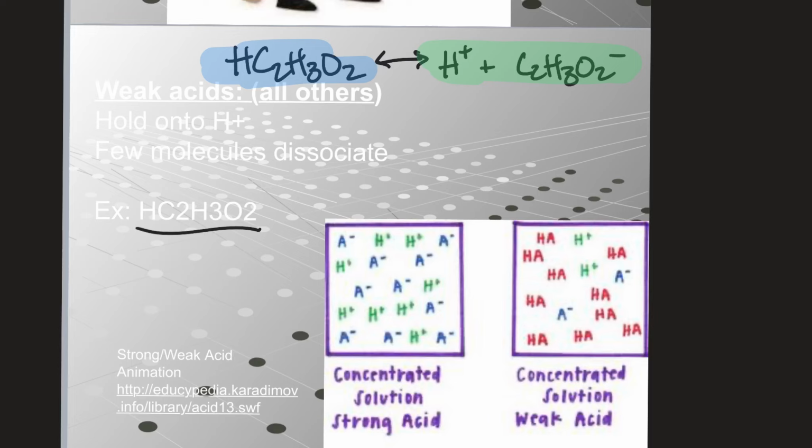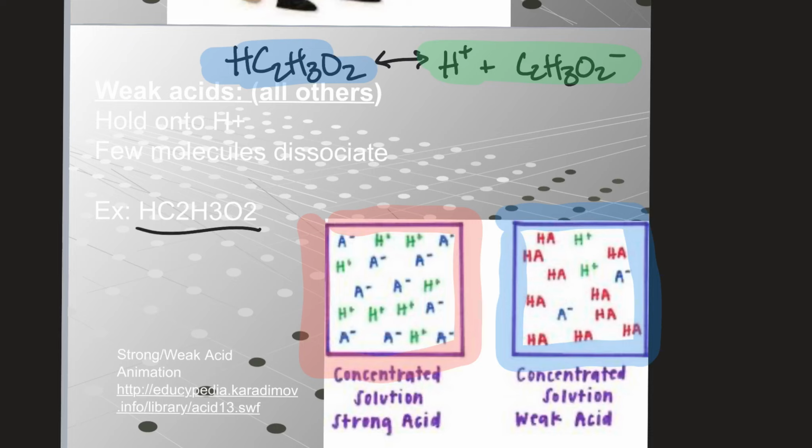And so you will have some small concentration of the ion version of the acid. This is what the illustration is really showing here. On this side you have a strong acid. The H represents just the hydrogen ion, the A represents the other side, and if you look in this solution, they're all broken up, so 100%. While for the weak acids, when it says HA, that's just the acid still bonded together.